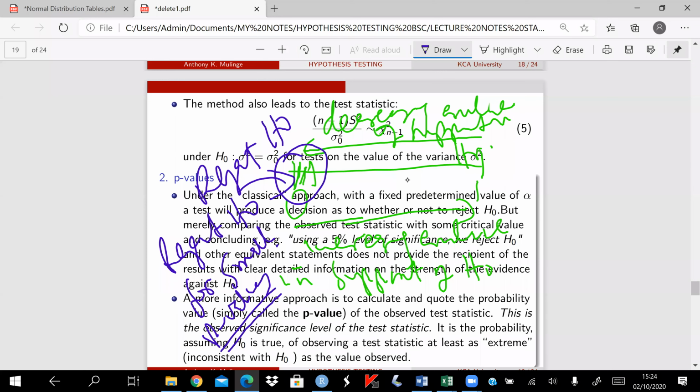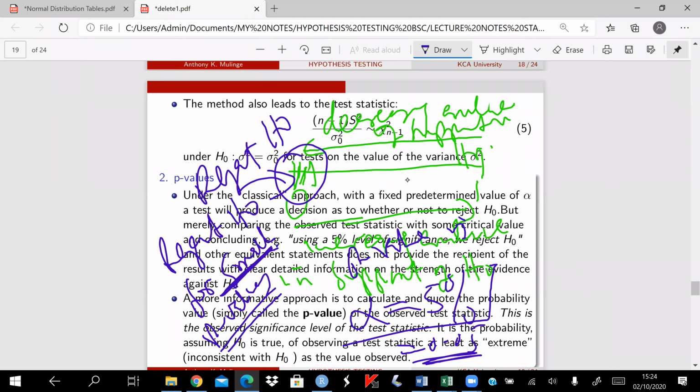On the other hand, if your p-value is large, and the word large, even the word small here, is in quotes. The word small here depends on your alpha. For instance, if you're working with alpha equal to 5%, which is the same as 0.05, and your p-value is less than 0.05, you have no evidence to continue holding onto the null hypothesis.